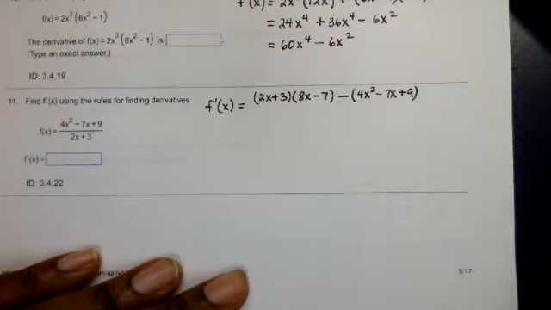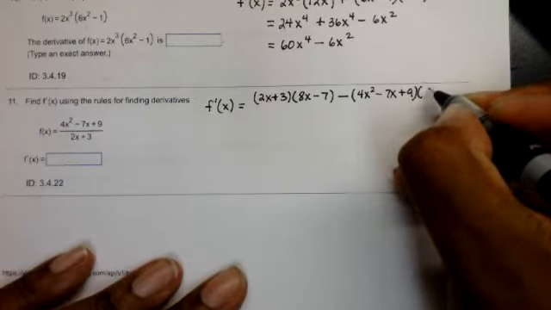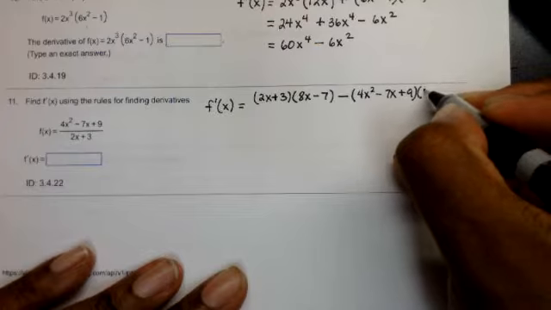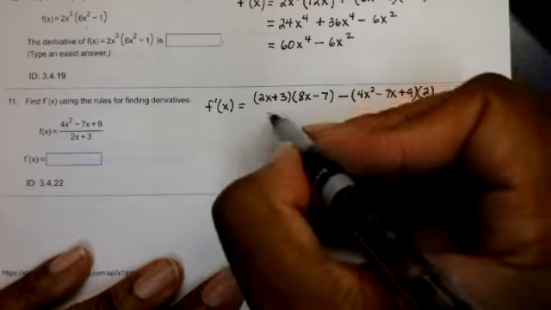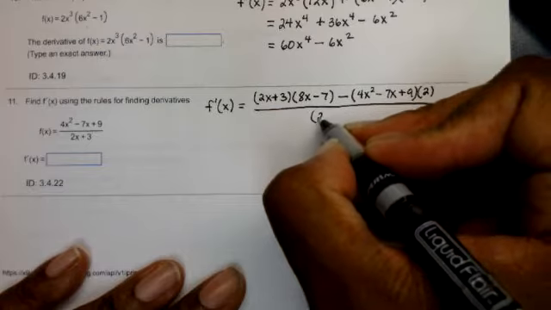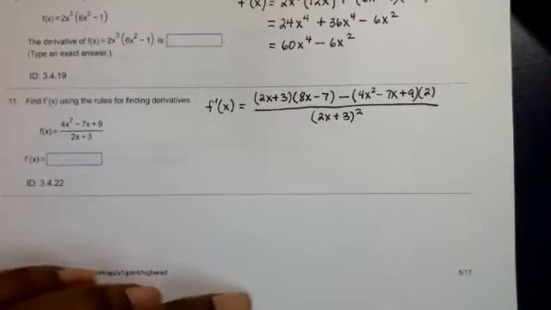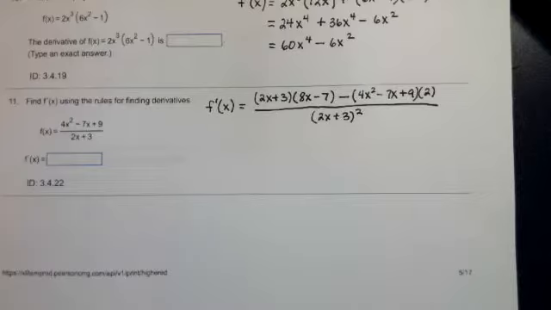Notice I'm putting that in parentheses, times the derivative of the denominator, which is, in this case, the derivative of 2x plus 3 would just be 2. All that's divided by the square of the denominator. That's 2x plus 3 quantity squared.